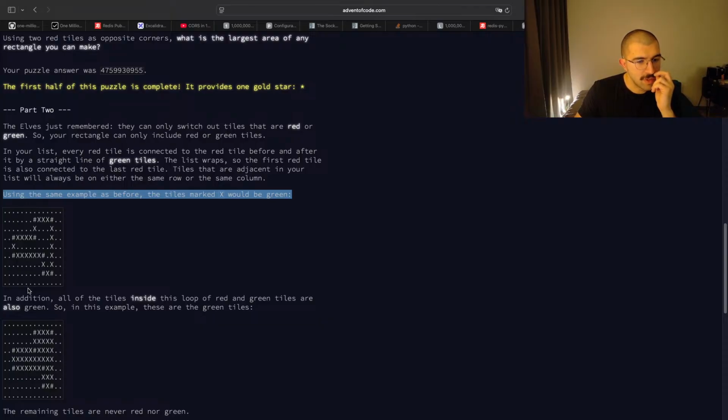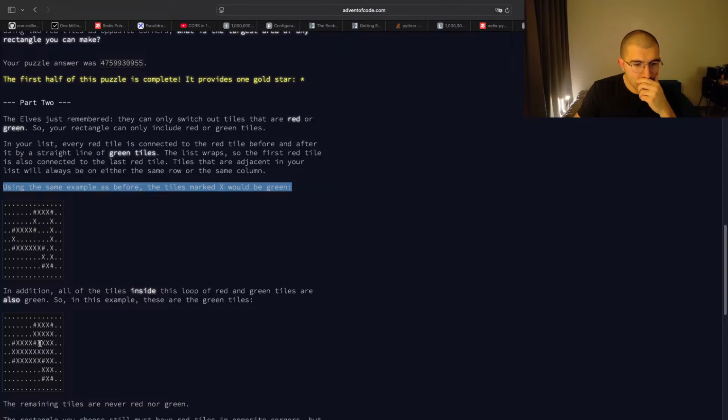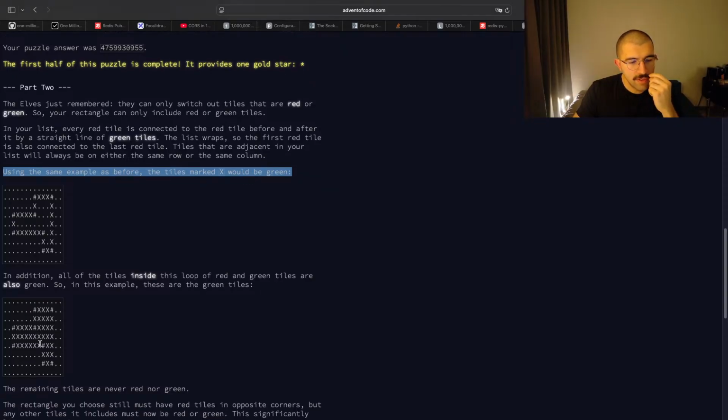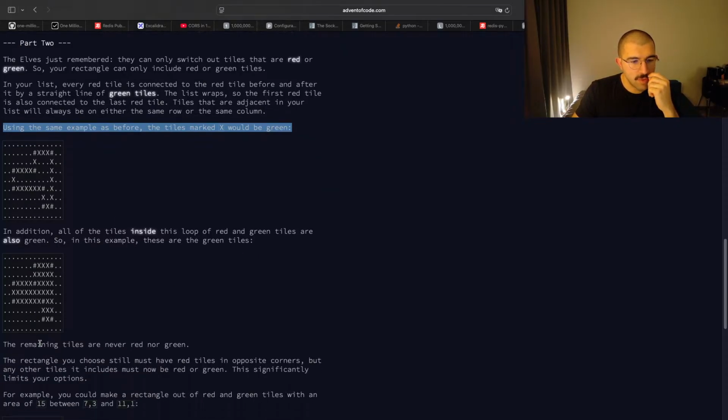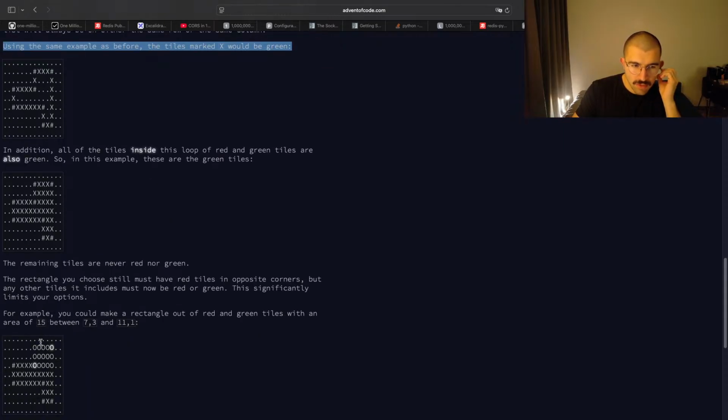So in this example, these are the green tiles. The remaining tiles are never red nor green. The rectangle you choose still must have red tiles in opposite corners, but any other tiles it includes must now be red or green. This significantly limits your options.